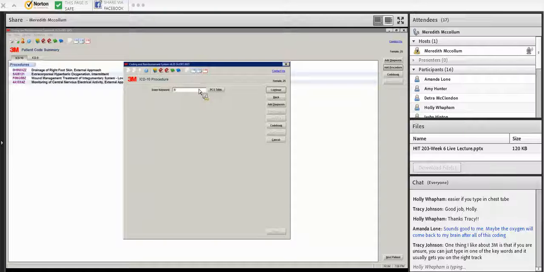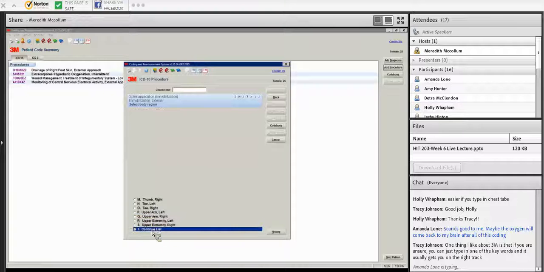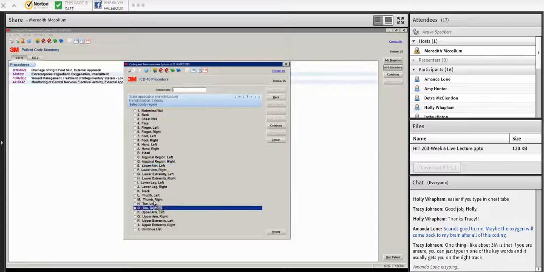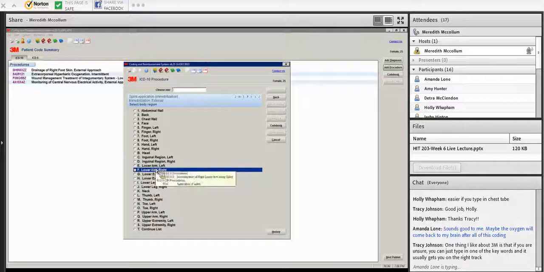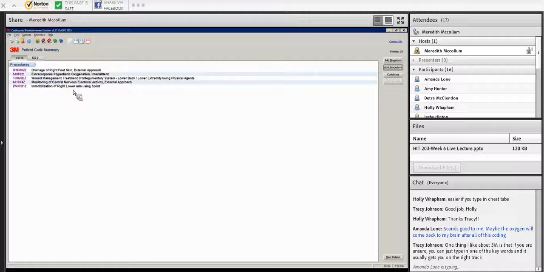So they do a splint application, which is immobilization. And then it was of the right lower arm because it was the radial. So lower arm, right, there it is. So immobilization of the right lower arm using a splint.